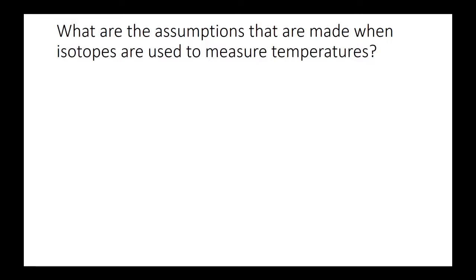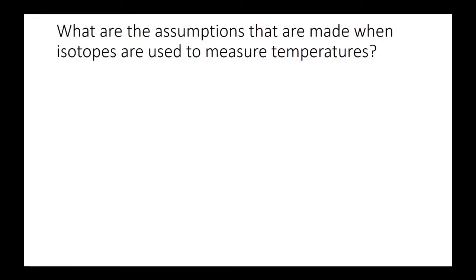So we're talking about some of the assumptions that are used when we use isotopes to measure paleotemperatures. These are things like, are the two phases that the isotopes are fractionating between in isotopic equilibrium? And we'll talk about that in more detail today.